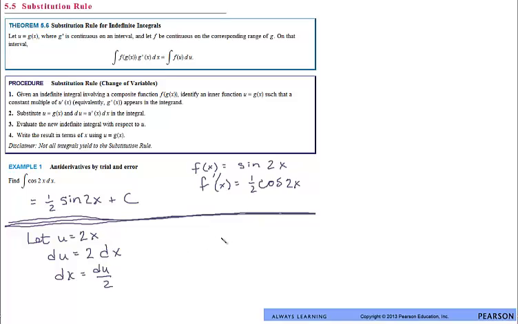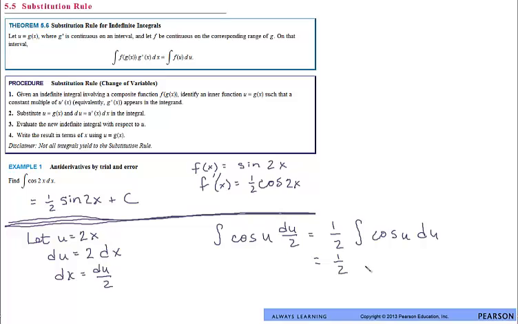Now I can do all of my substitution. Integral of cosine of u, and then dx happens to be du over 2, and that 1/2 is just a constant, so I'll bring that out front and I'll have the integral of cosine u du, and I know what that is.